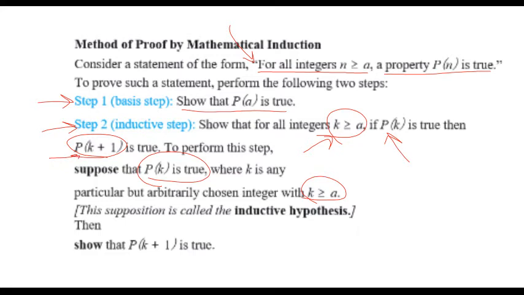So this is the second step, and if we prove both steps, the basis step and the inductive step, then we can claim that we used the method of proof by mathematical induction to prove the original universal statement that was given here.